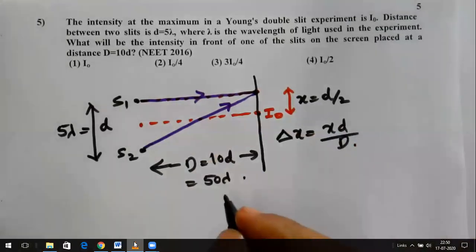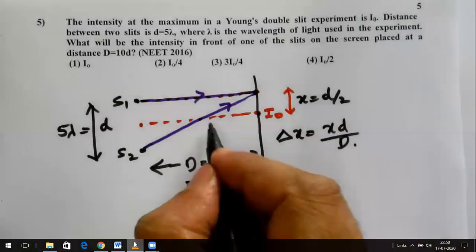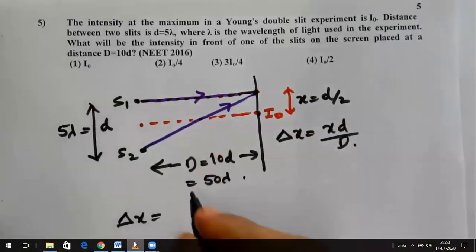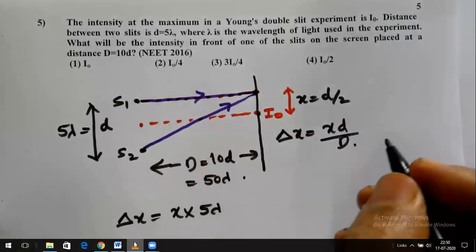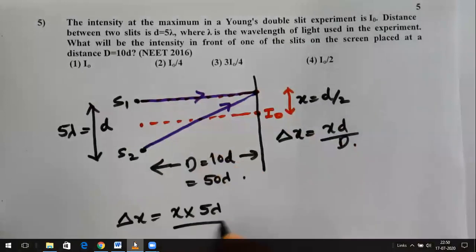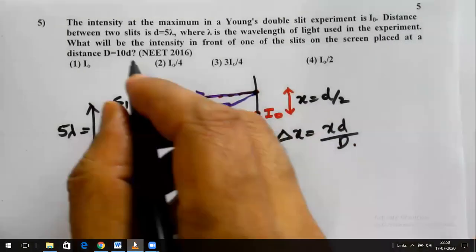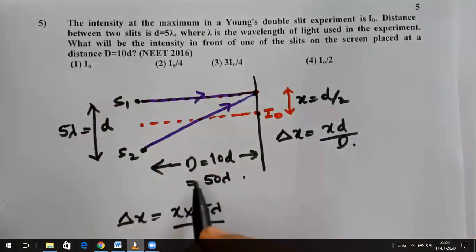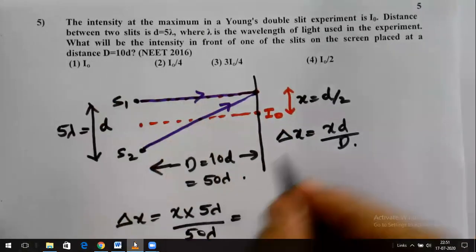This is the formula. And if you want to calculate the path difference at this point, delta x is equal to x times small d, which is 5 lambda, divided by capital D, where capital D is 10d, which is 50 lambda. And x is d by 2.